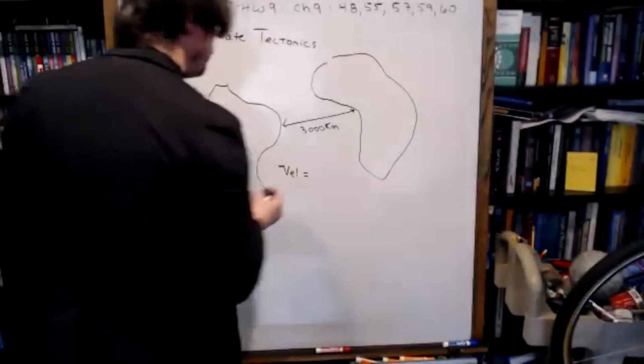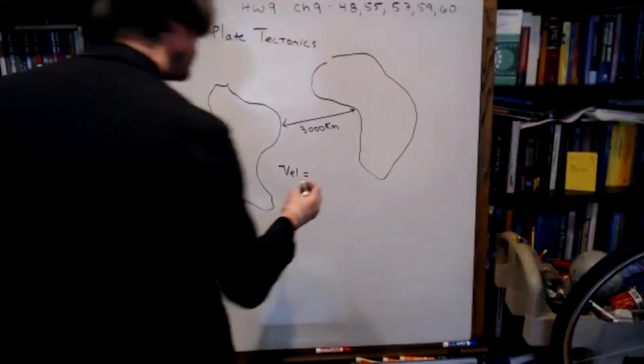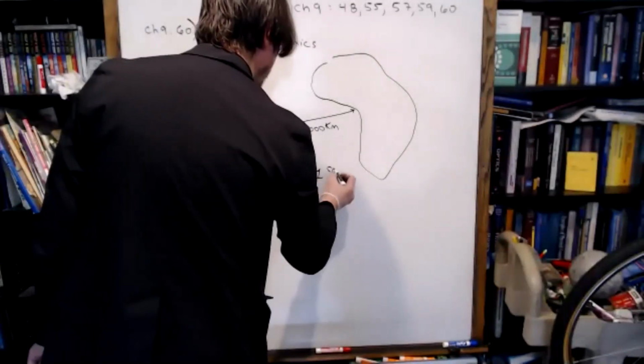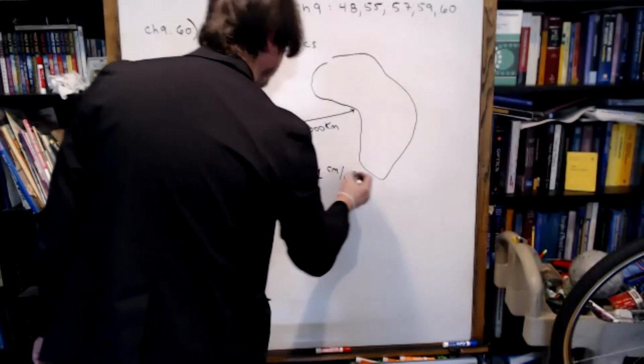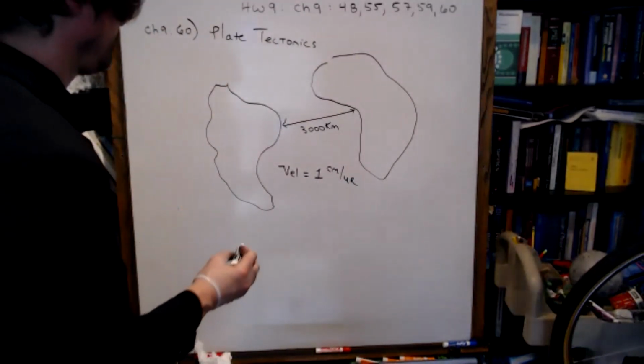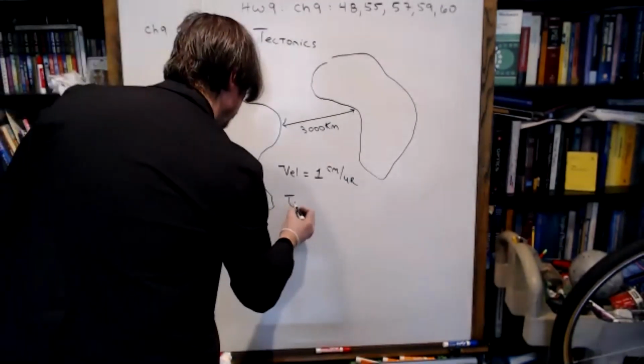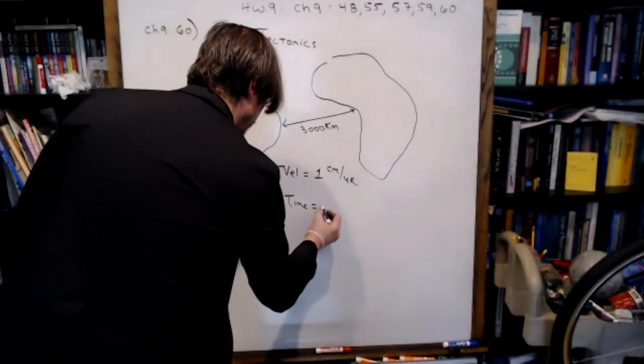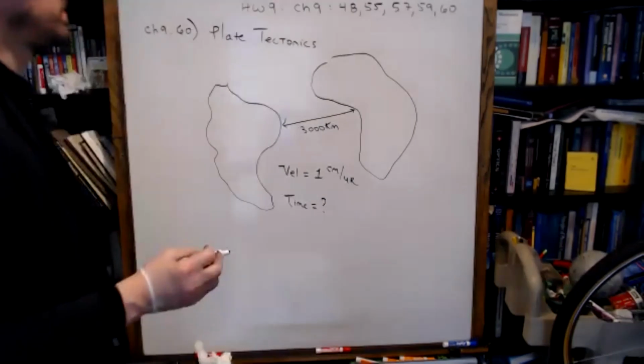Sorry, I lost it. 1 centimeter per year. Okay, what do I want to find again? How long would it take for two continents 3,000 kilometers apart to collide? And what are the global consequences of motion like this?